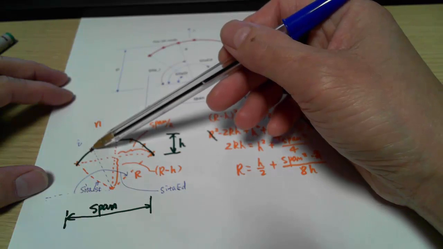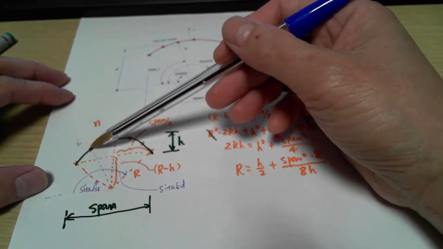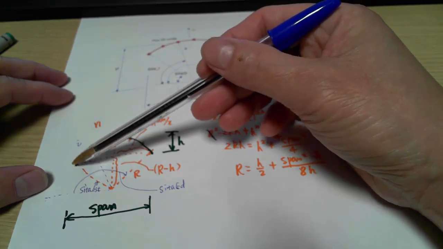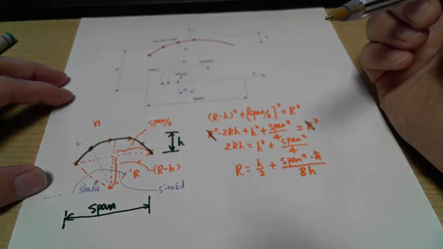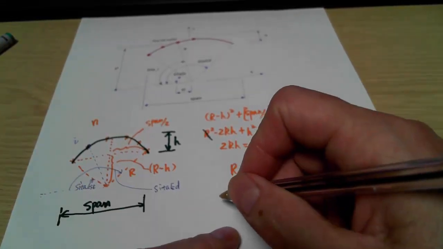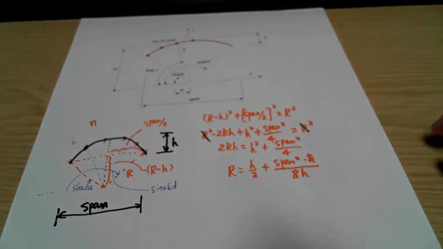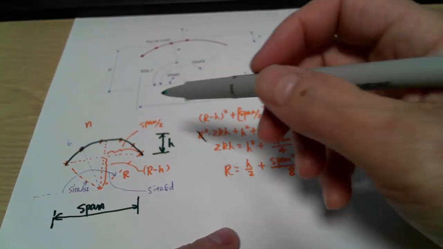Once you get each node, the i's node, the angle should be the starting point plus (i minus 1) times the increment. That will be the angle you have. So I will write these out in another color.